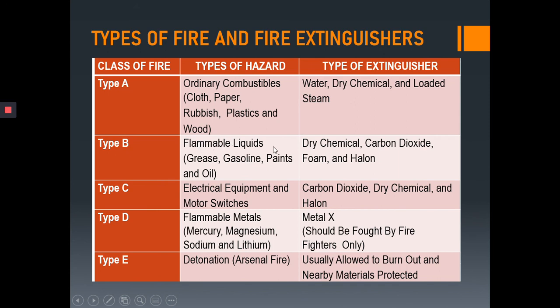Okay, so flammable liquids, type B, basa. And then we have type C, electrical equipment and motor switches. That's C, corrente. Type D, flammable metals. And then type E, we have detonation or arsenal fire. Then we also have type K. Type K is the kitchen fire.